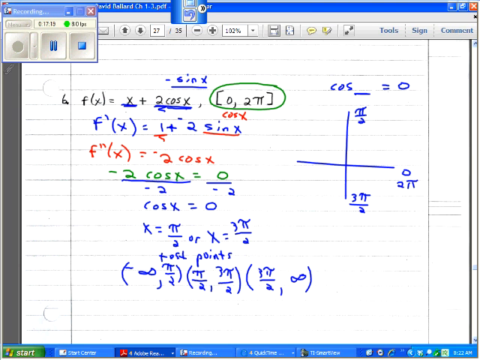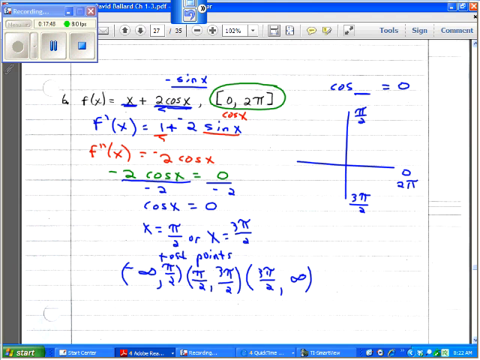So we can check for concavity using the second derivative and points of inflection. Again, each of those points, the pi over 2 and the 3 pi over 2, are possible points of inflection. That's the points at which the second derivative was 0, but they can only be a point of inflection if there's a change of concavity at that point.